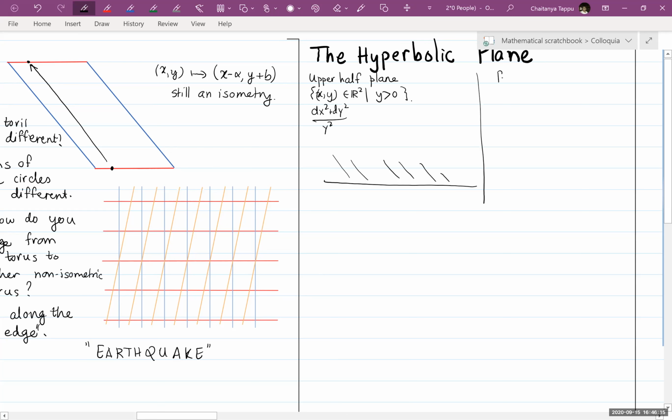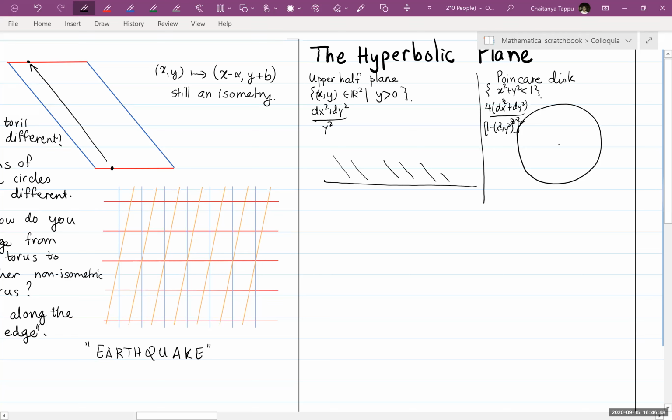And there is the Poincare disk, where x squared plus y squared is less than 1, and the metric is 4 times dx squared plus dy squared divided by 1 minus x squared minus y squared, all squared.